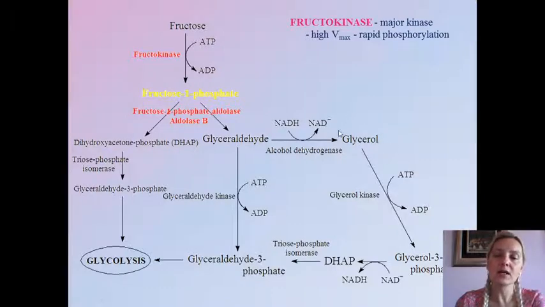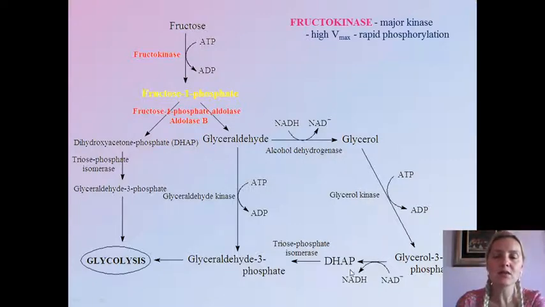Glycerol can further be phosphorylated, but only and exclusively in liver cells, by glycerol kinase, and we are gonna discuss this later on in lipid metabolism. So glycerol can be phosphorylated by ATP and glycerol kinase to glycerol 3-phosphate, and further on glycerol 3-phosphate can be oxidized by a specific dehydrogenase, and the acceptor of the reducing equivalents is going to be the NAD plus coenzyme.